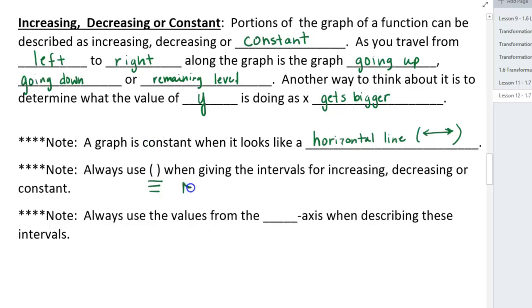So in other words, never use brackets. And then thirdly, you always use the values from the x-axis when describing these intervals because you're describing what the value of y is doing as x gets bigger and bigger.